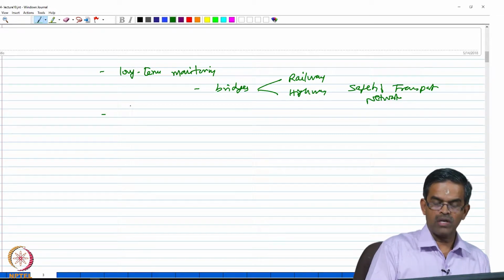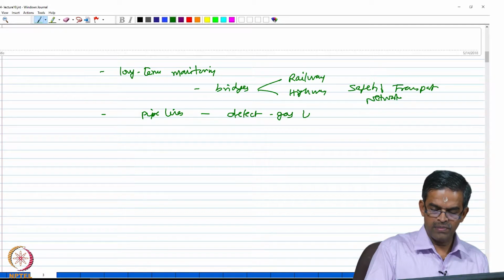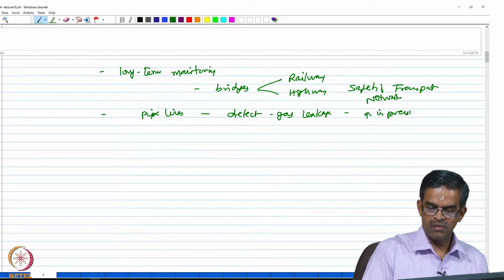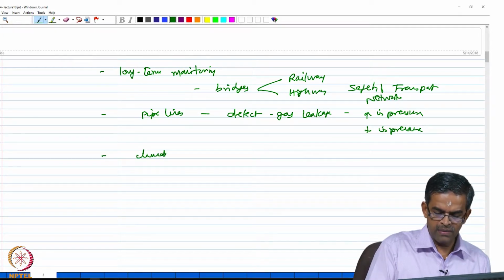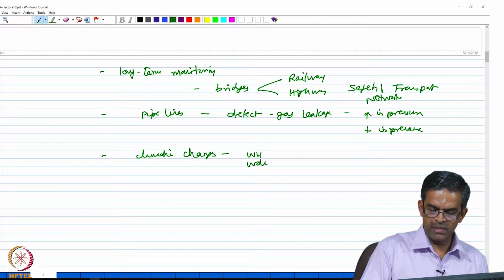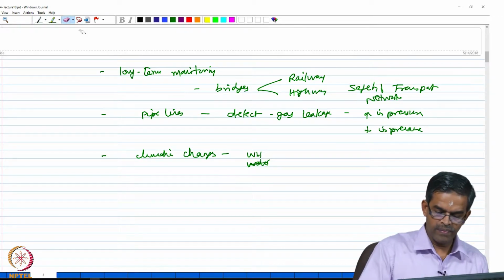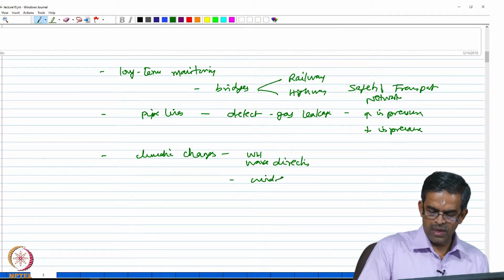We have also seen long term monitoring applications in pipelines, because they can detect any gas leakage by indicating a rise or drop in pressure. They can also be useful in detecting climatic changes by measuring wave height, wave direction, wind speed, etc.